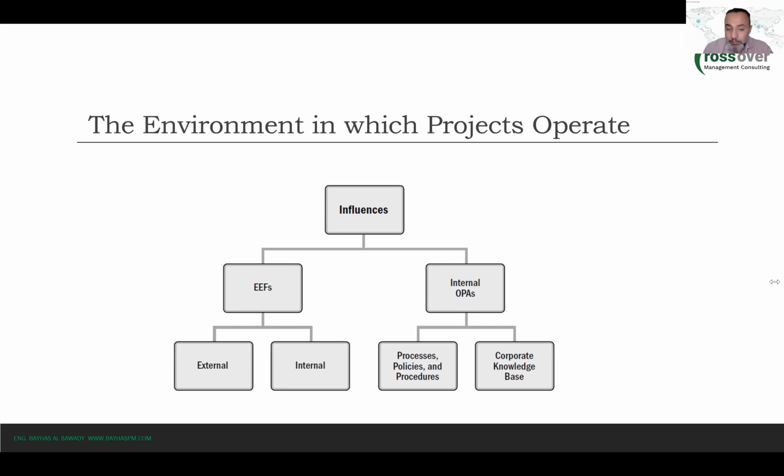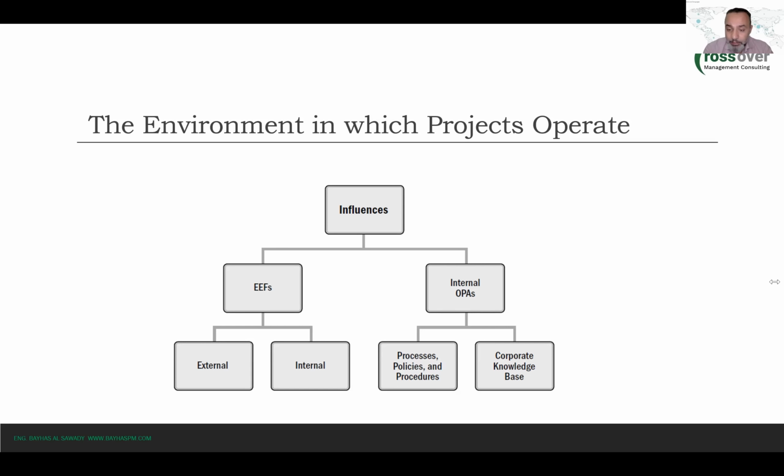Because, for instance, we might do a project in Riyadh city, and the project delivers outstanding results. But when we try to replicate the project or do a similar project in Jeddah city, you might find the situation completely different, right? And the project might not deliver any good results. Is that correct or not?